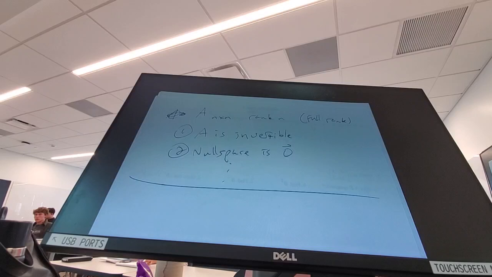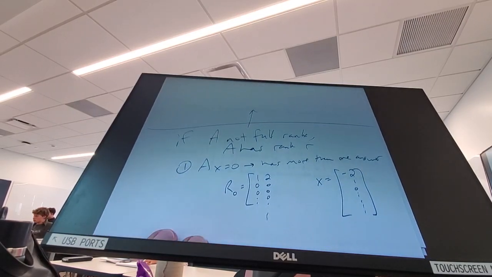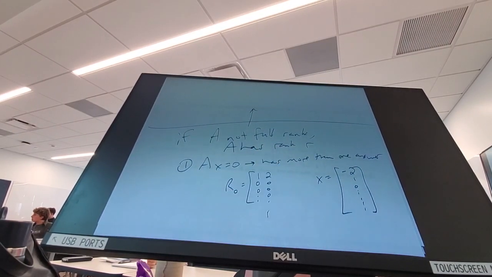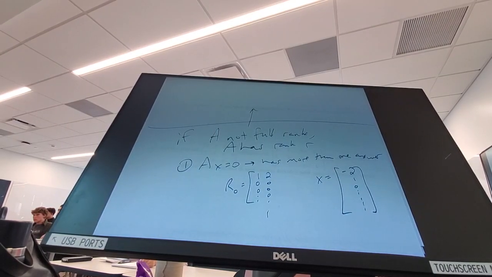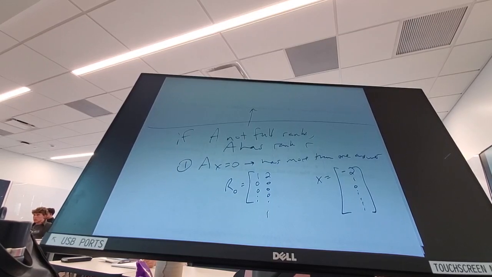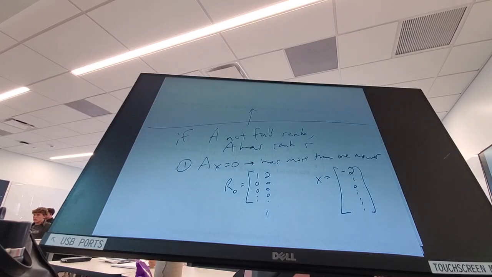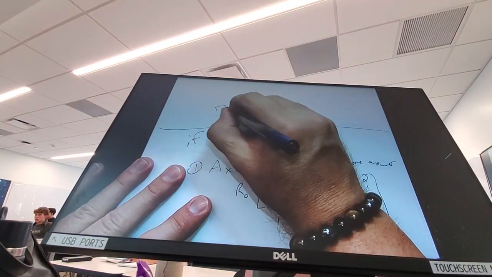Okay, I like it. The minute that I have something that's not full rank, however many columns are not independent, those go into the size of the null space. And you guys know this. If my rank is R, then what's the rank of the null space?